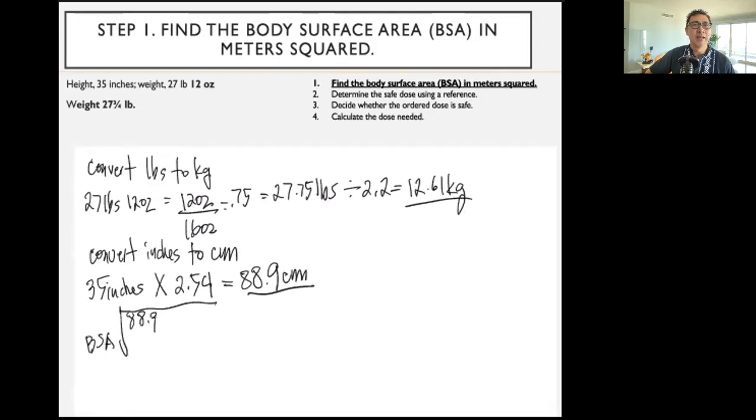I need my 88.9 height times weight in kilograms, 12.61, over 3,600. All right, let's do some math. Calculate. The numerator is 1121.029, divided by 3,600.